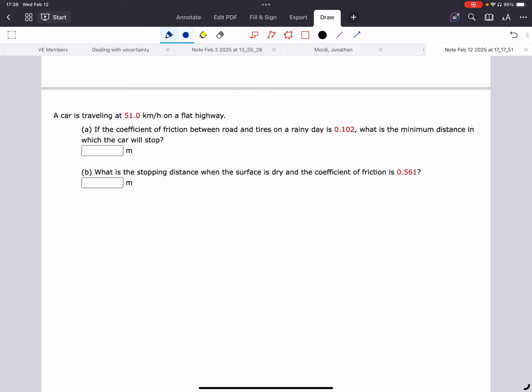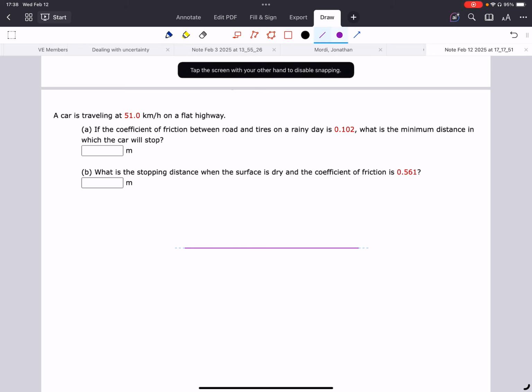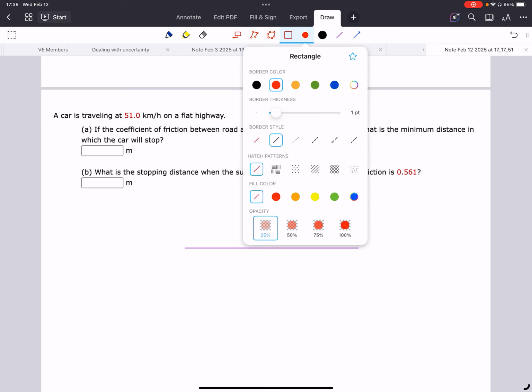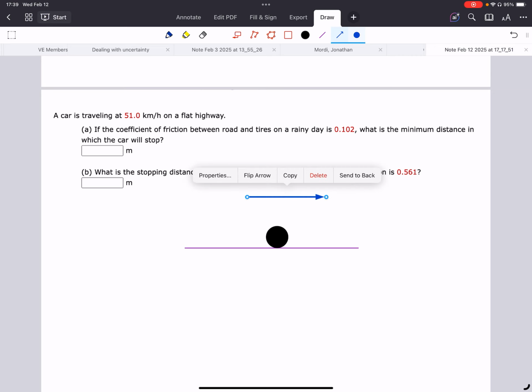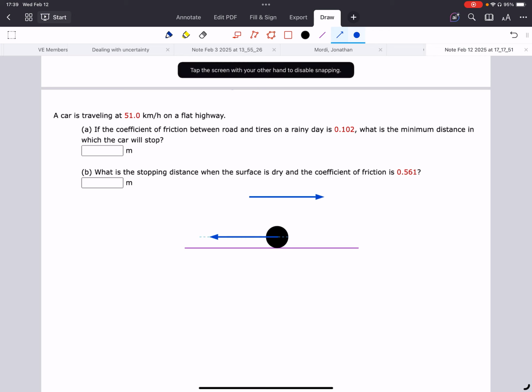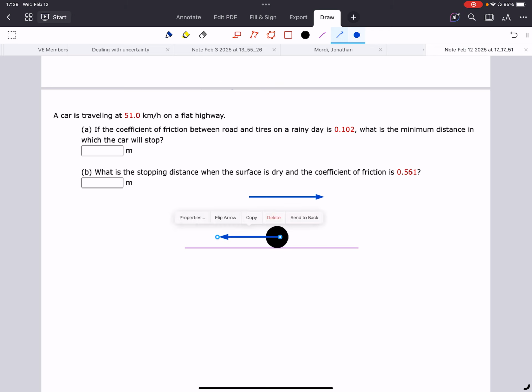In this case, I have a car traveling along a highway and it is attempting to stop. And so the forces involved are going to be between the car and the road. So here's a representative wheel for the car, and let's say it is traveling in the forward direction from left to right, which means that as it's trying to stop, the force acting on my car is going to be to the left.